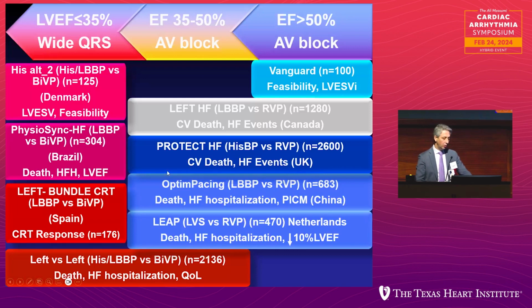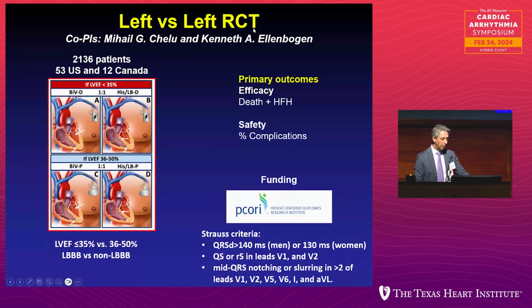However, in the United States, in this mid-range, we mostly use biventricular pacing. So our own trial, Left vs Left, compares conduction system pacing with biventricular pacing in the entire population that qualifies according to the current guidelines for biventricular pacing.